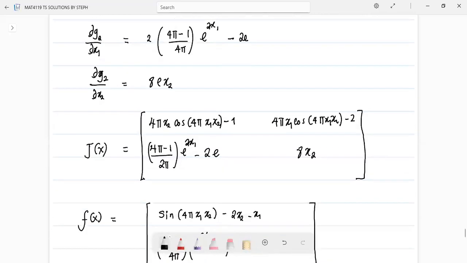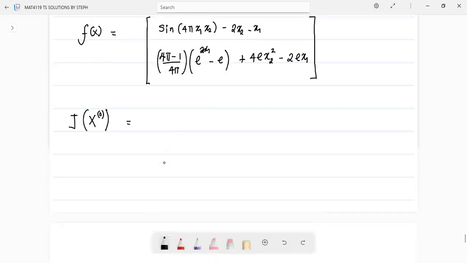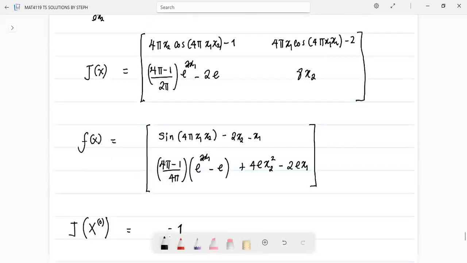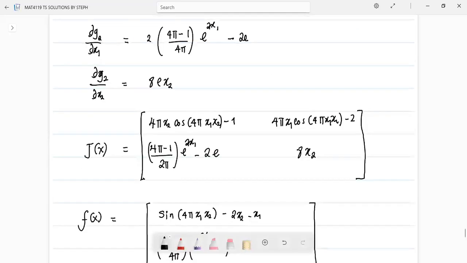Plug in 0 in place of x2 and x1. You notice that this whole term will be 0, and the only constant we have is -1.